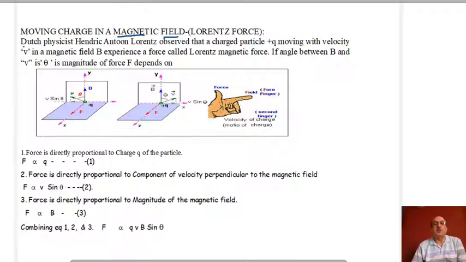The Dutch physicist Hendrik Antoon Lorentz observed that a charged particle moving with velocity v inside the magnetic field B experiences a force. So a charged particle also experiences a force inside the magnetic field, and that force is called Lorentz magnetic force.